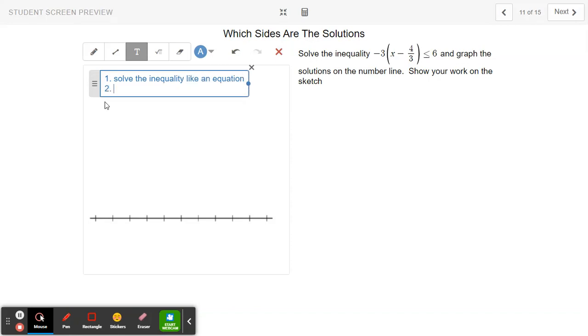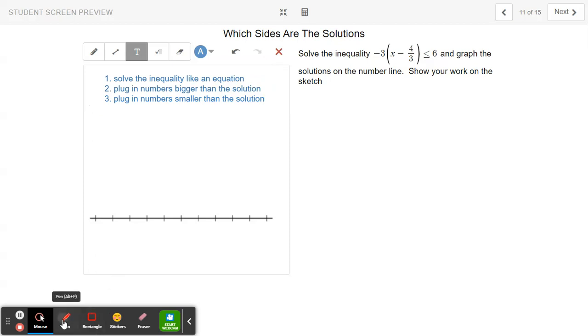Then we're going to plug in numbers bigger than the solution. Plugging in just means we're going to put them in for x. And then we're going to plug in numbers smaller than the solution, and we're going to see if they work. That way we're going to know which way our arrow has to go.